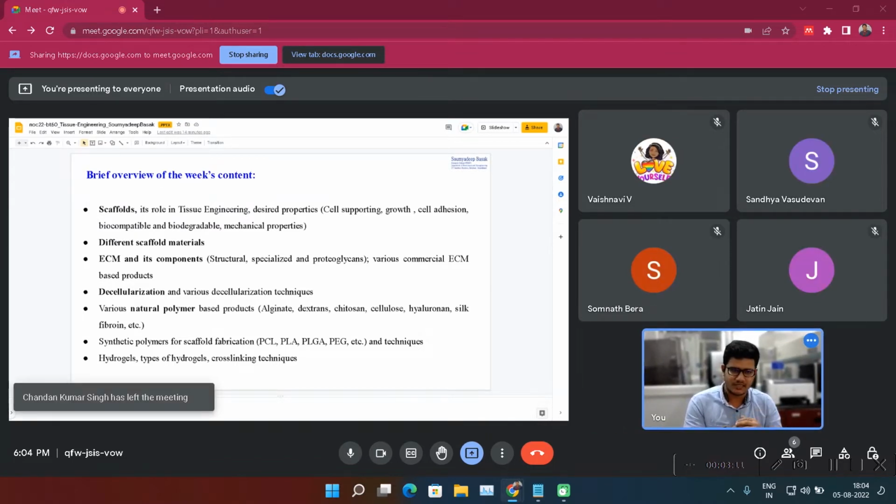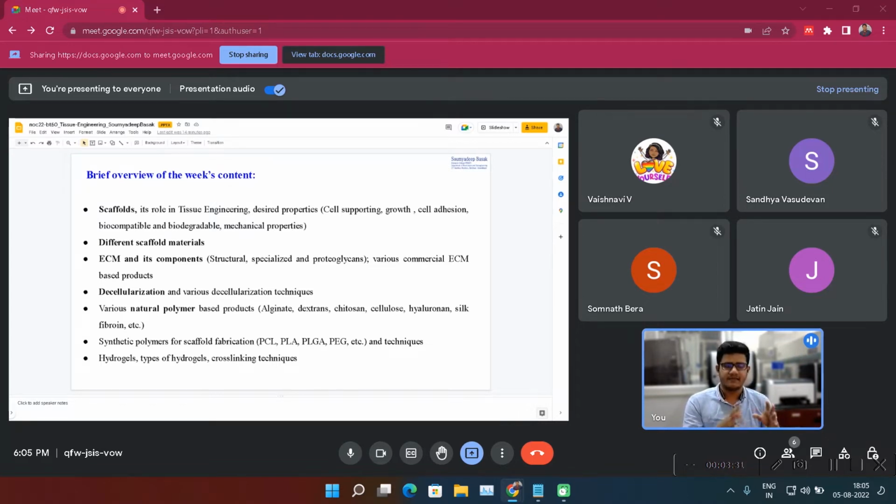Then the ECM, extracellular matrix and its components, and various commercial ECM-based products currently in the market, and how they are produced, the decellularization technique and the various decellularization modes we have also studied.